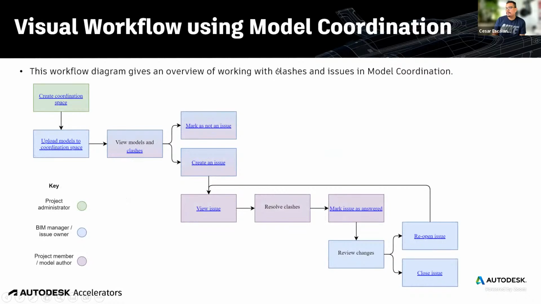So this is the workflow of how the process of model coordination review happens in BIM Collaborate Pro. We create a coordination space. We tell Docs where we want the folder of coordinating models to live.